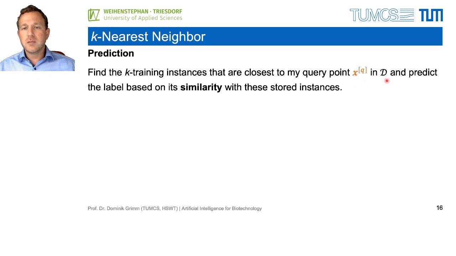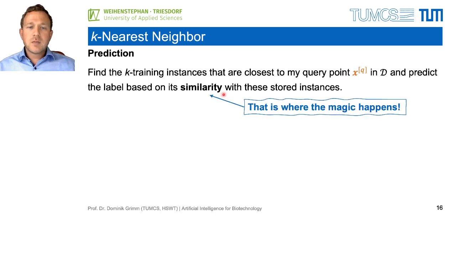So first, we find the k training instances that are very close in distance to my point xq in our dataset D, and then we predict the label of this unknown data point xq based on its similarity compared to the stored instances. And this similarity, that's where the magic happens in our k-nearest neighbor classifier. I will come back to this later, how we can determine the similarity.